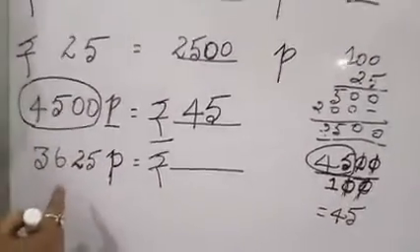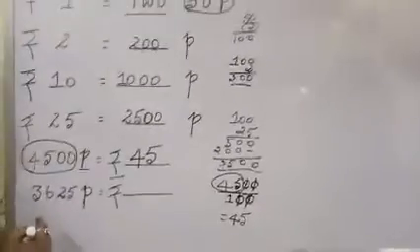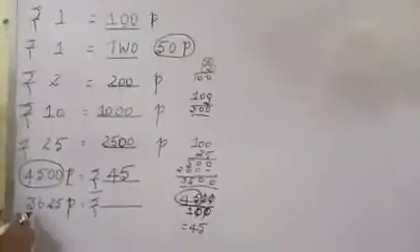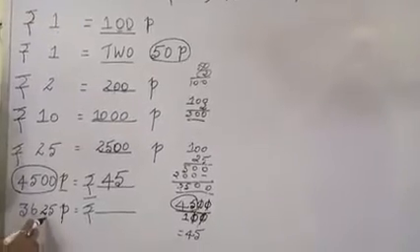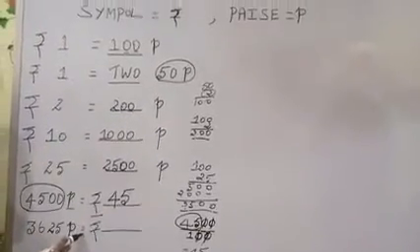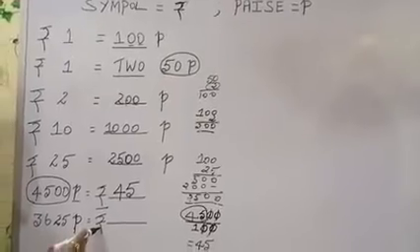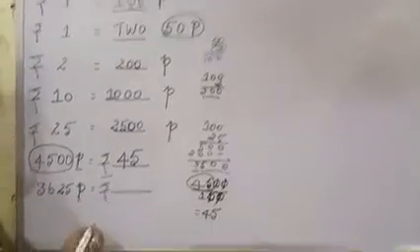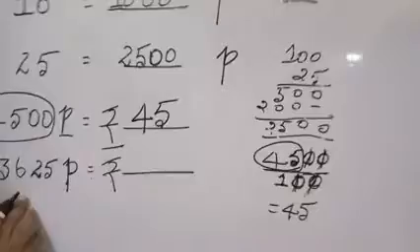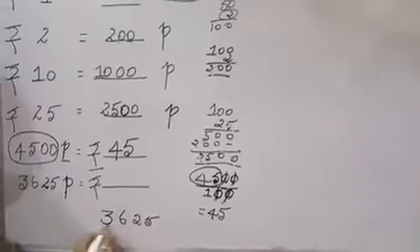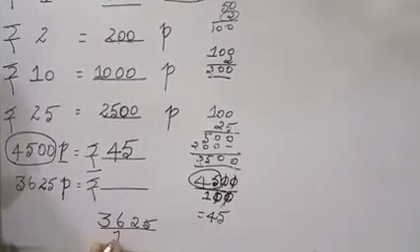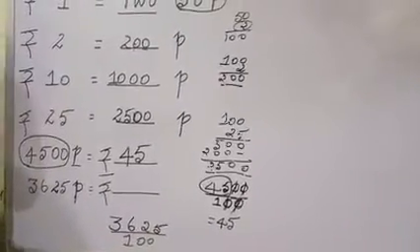So how much? Rupees 45. This is one step. Then another one, the next problem. 3625 paise is equal to how much in rupees? So 3625 is divided by 100.